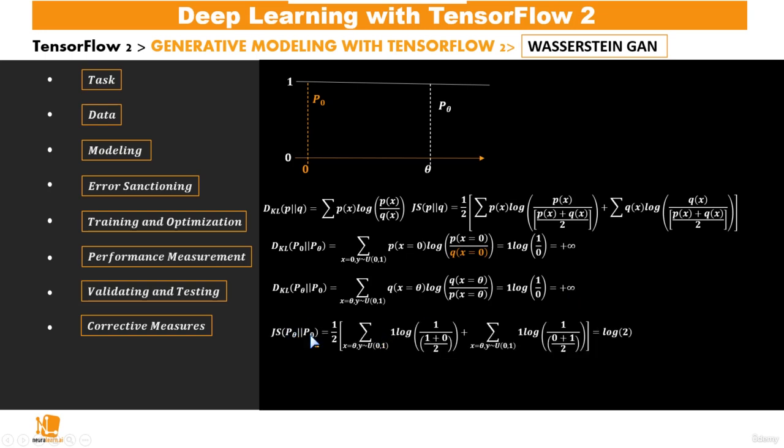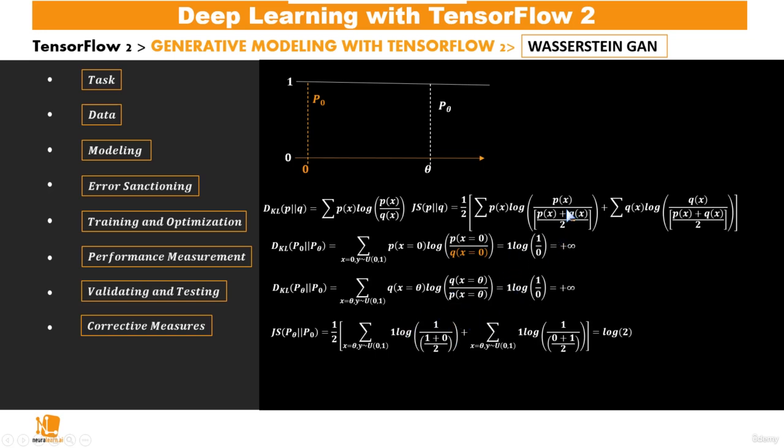And then we also have the JS divergence, which we could calculate. We have it from the formula that was given already, so we just basically apply this. We have P, which is P0, and Q, which is also P theta, as we had defined earlier. So practically here, we're just applying the formula.